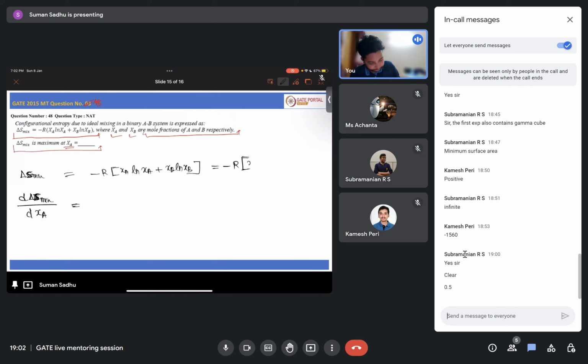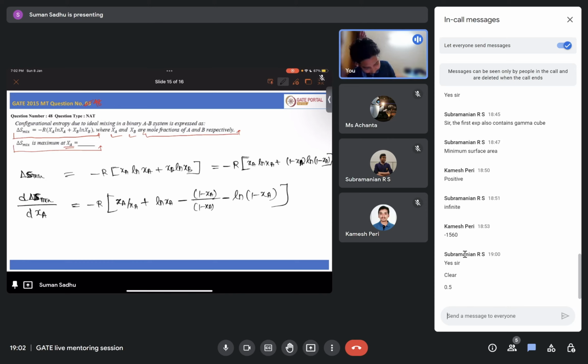So it is XA ln XA plus (1 minus XA) ln of (1 minus XA). Now if you take the differentiation, it will be minus R bracket, XA by XA plus ln of XA, then minus of (1 minus XA) divided by (1 minus XA), minus of ln (1 minus XA).